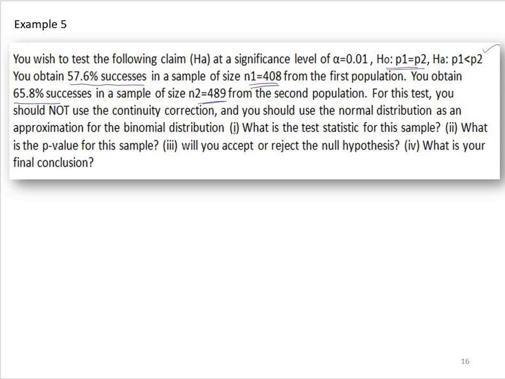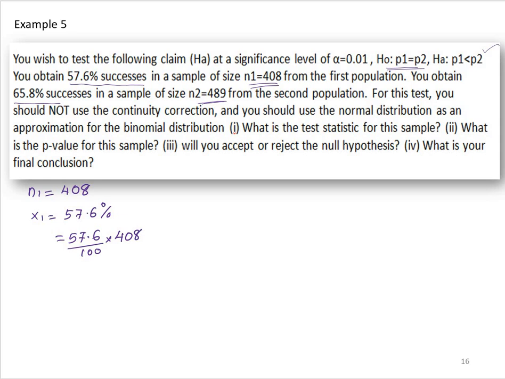So what is N1? N1 is equal to 408, and X1, success, means 57.6% of that value. So that means 57.6 divided by 100 times 408.